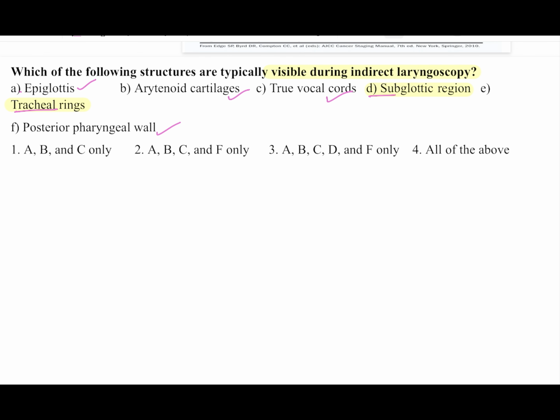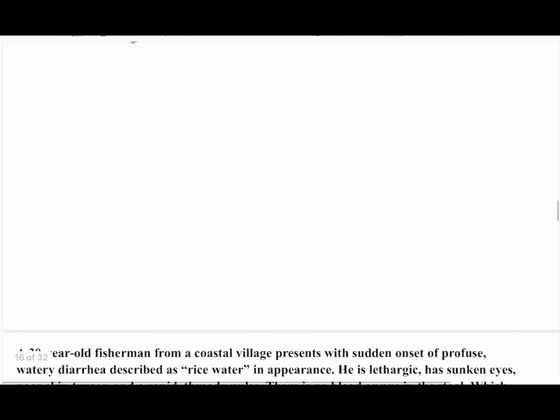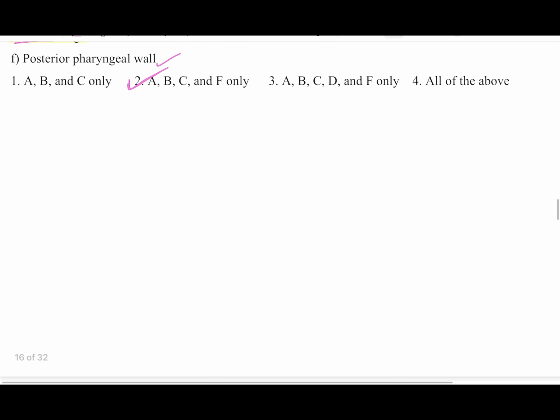So answer will be A, B, C and F, so the B option or second. For this you can remember one mnemonic: every amazing vocalist performs. E for epiglottis, A for arytenoids, V for vocal cords, that is true vocal cords, and P for posterior pharyngeal wall. So these are all the questions related to ENT.